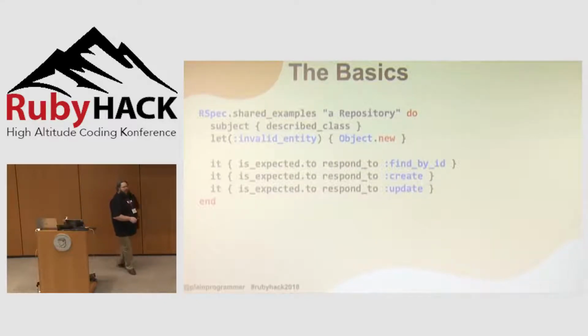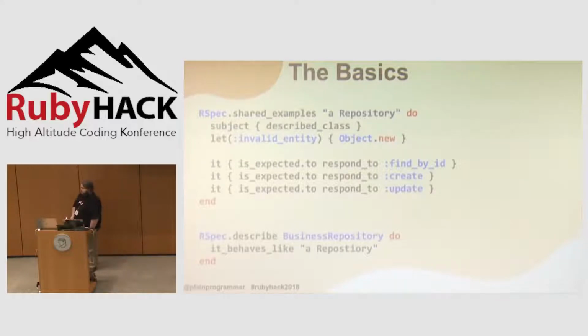I've got about half of what a formal interface provides me with some tests. And then in a specific context for a business repository that I'm describing, I can say that this object behaves like a repository. And now whenever I run these tests, I will be able to confirm that the business repository at least has these three methods on it.